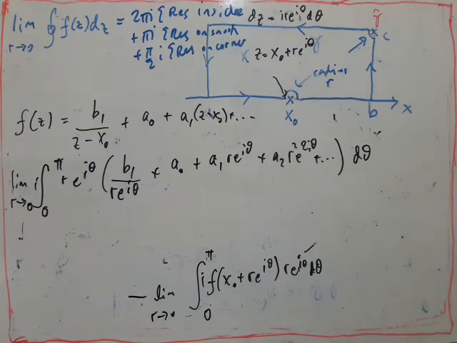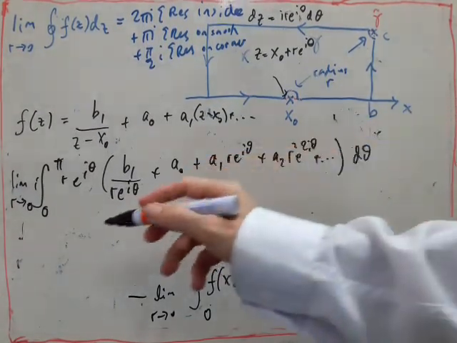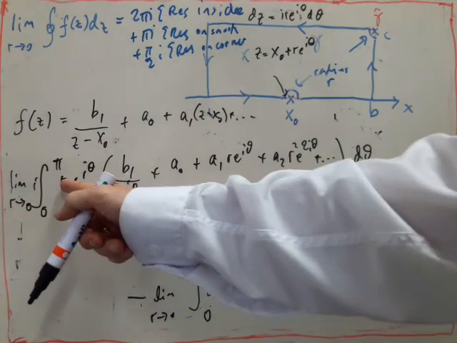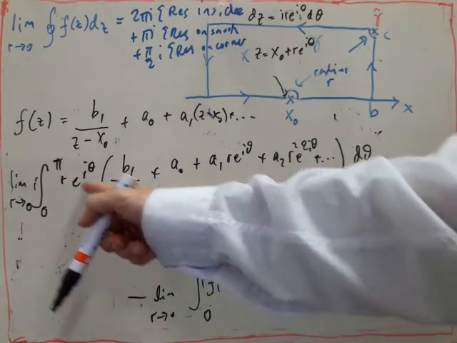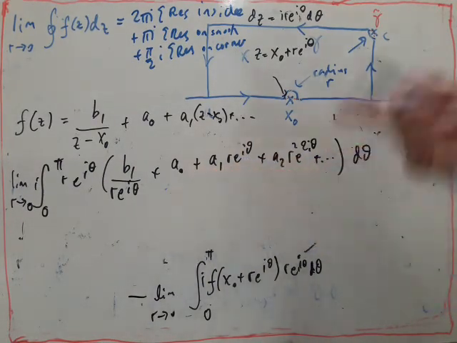integrating with respect to theta. So what then happens is that, remember, I'm taking the limit as r goes to 0. So these r's cancel out, but everything else is multiplied by r. So as r goes to 0, this all disappears.